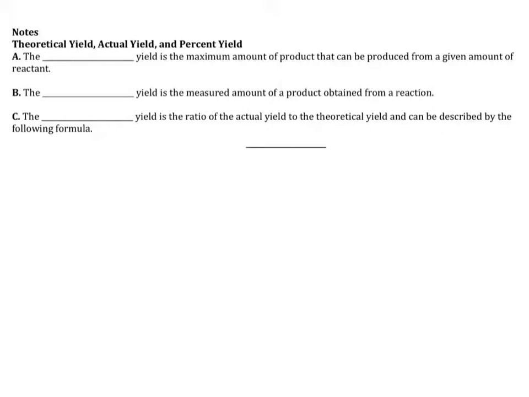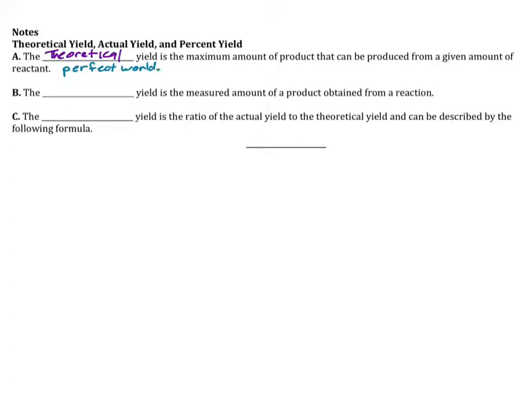And so when we talk about theoretical yield, the theoretical yield is the maximum amount of product that can be produced from a given amount of reactants. I like to call this the perfect world.